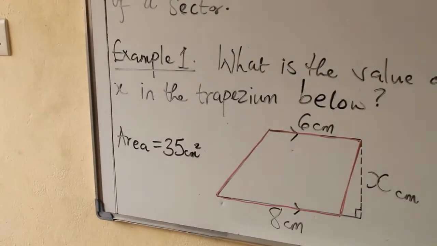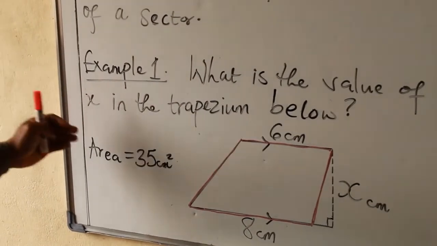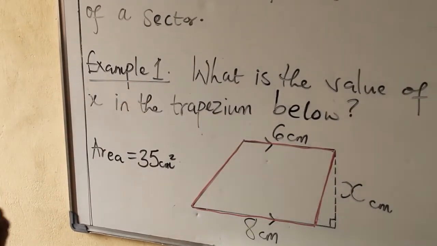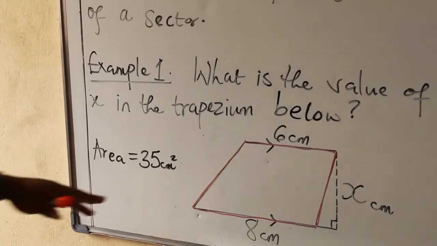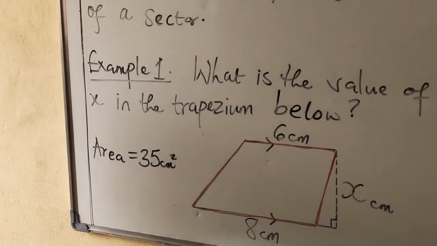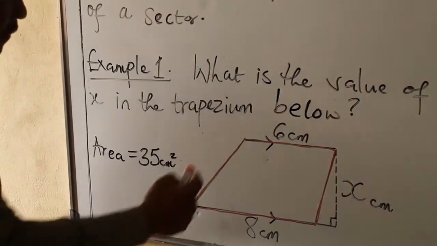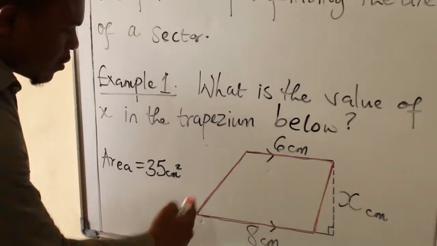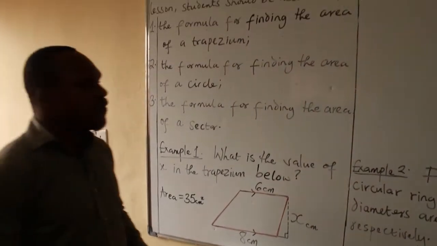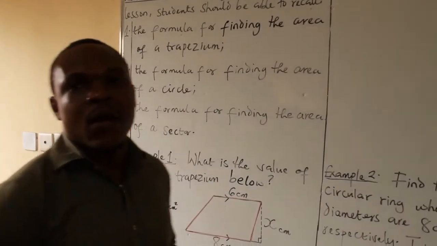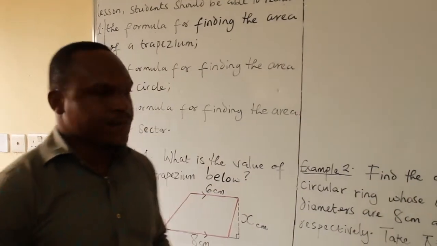According to the question, it says, what is the value of x in the trapezium below? And the area of the trapezium I have quickly marked out is given as 35 centimeters squared. Now we'll move ahead. What is the area of a trapezium?